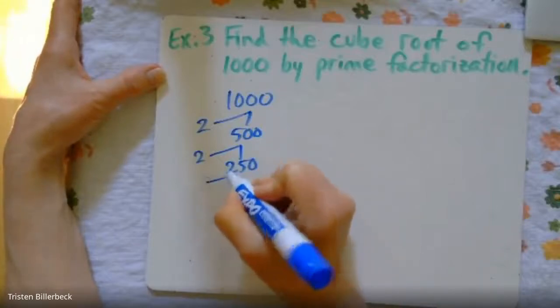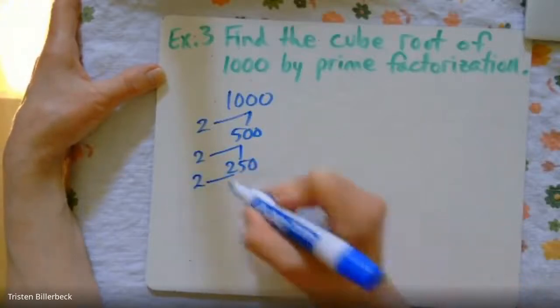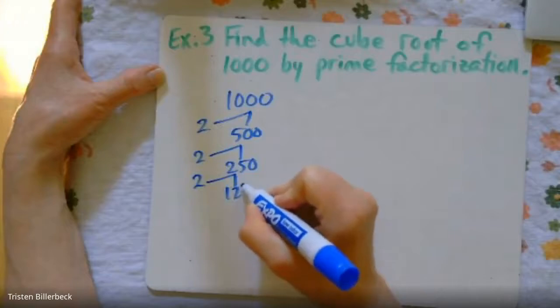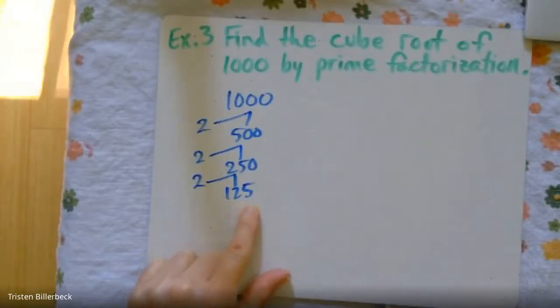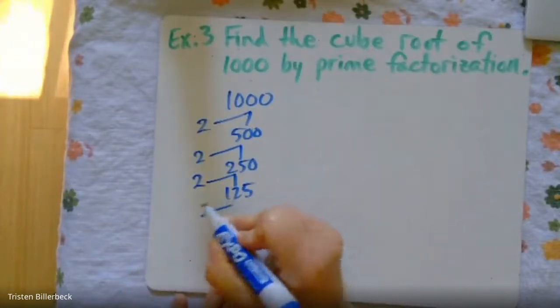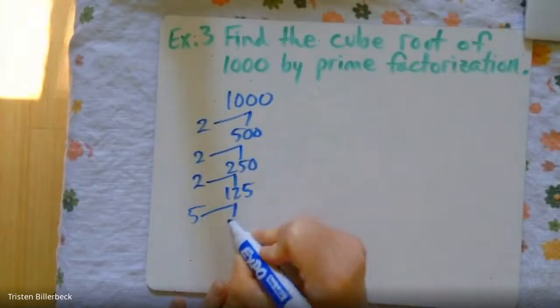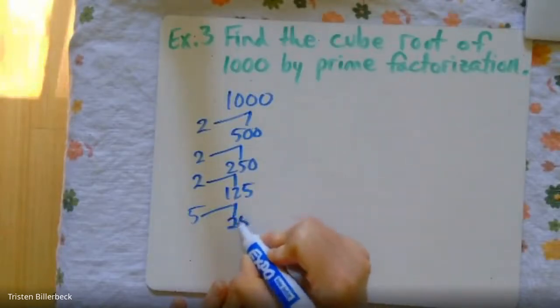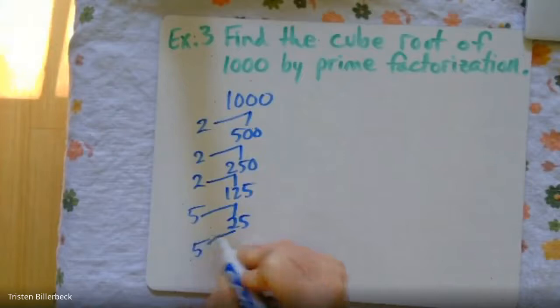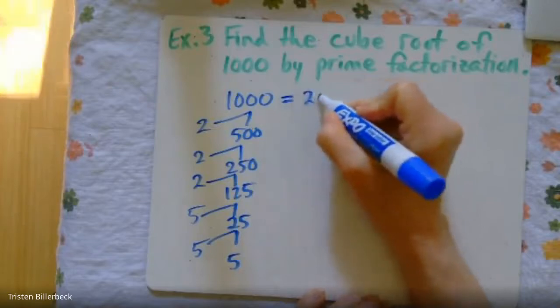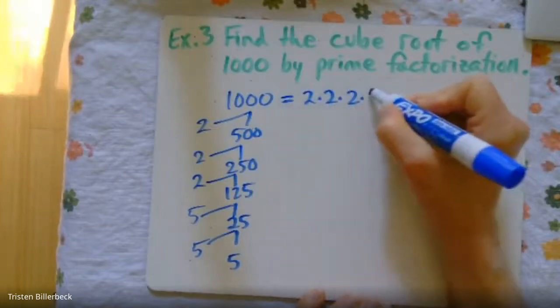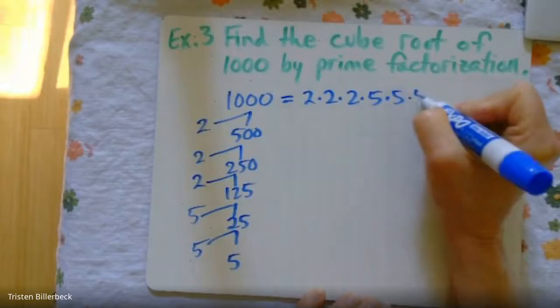It's still even, so we take another 2 out, and that gives us 125. It's no longer even. 1 plus 2 is 3, plus 5 is 8, not divisible by 3, but it is divisible by 5. So we take a 5 out, and we get 25, and then we know that 25 is divisible by 5. So this ends up 2 times 2 times 2 times 5 times 5 times 5.